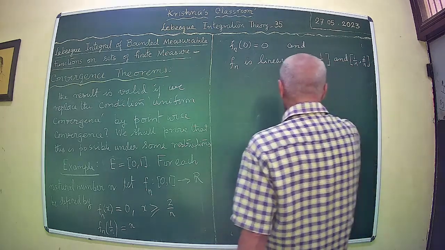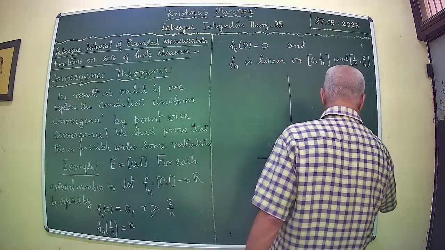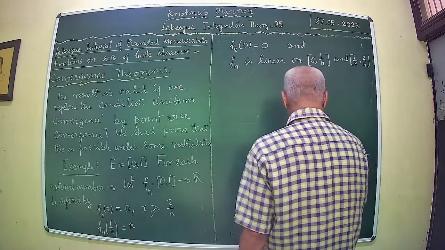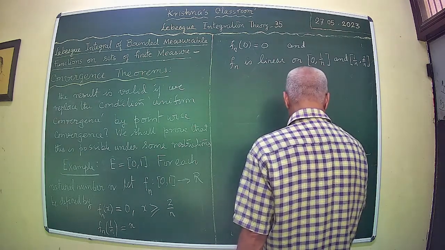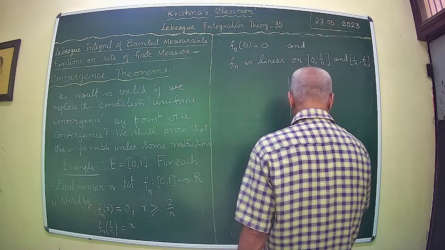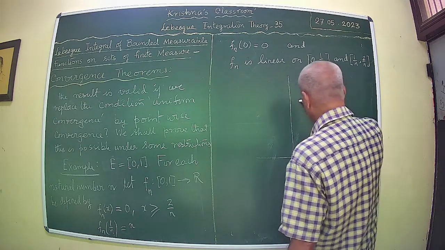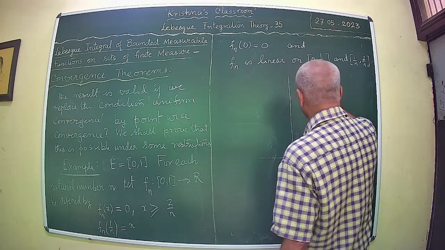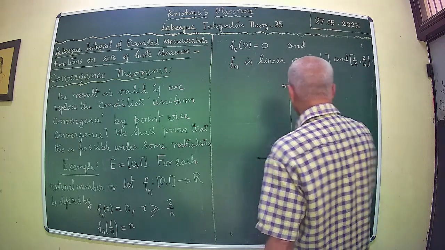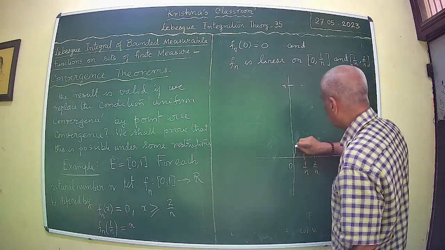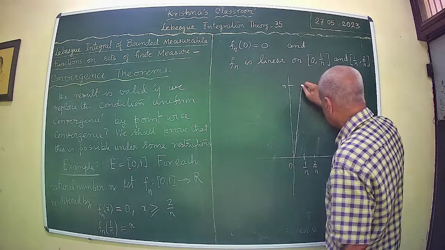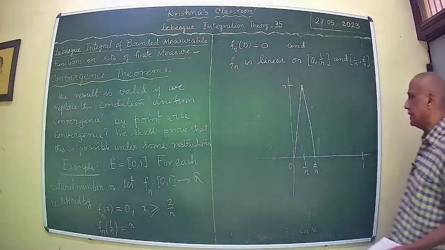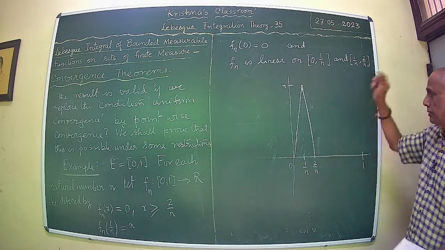see the graph of such a function Fn. So you mark this point as 1 by n, this as 2 by n. Now at 1 by n the function value is n, and essentially it is the joining of (0, 0) with (1 by n, n).